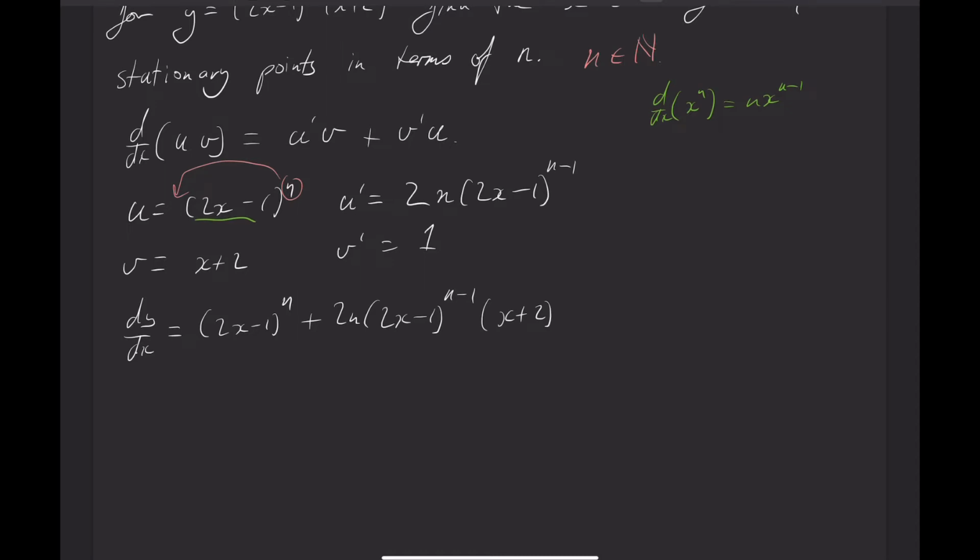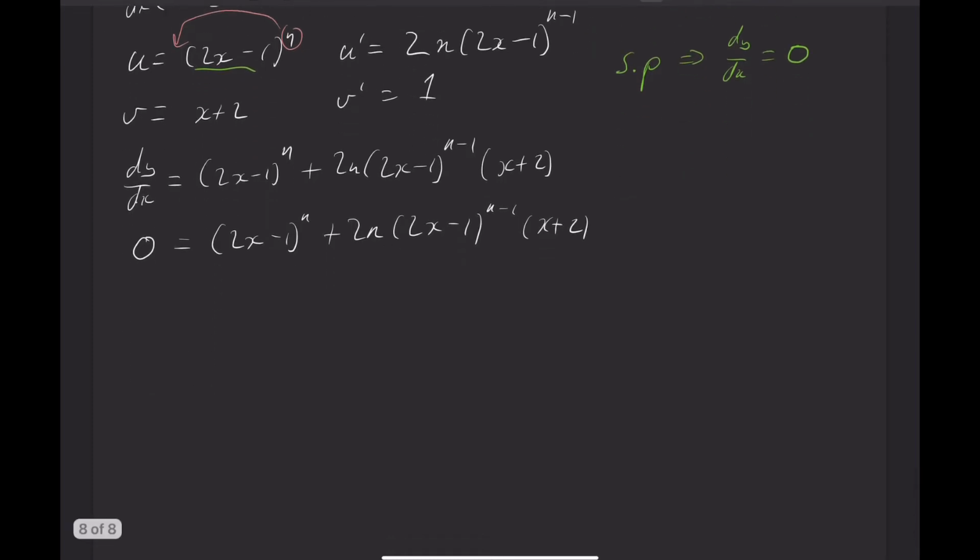Now we want the stationary points. What's the definition of a stationary point? A stationary point is such that dy/dx equals 0. So let's solve this for 0: 0 is equal to (2x minus 1) to the n plus 2n (2x minus 1) to the n minus 1, times (x plus 2). Do we see a common factor? Hopefully we do. We'll notice that here we've got (2x minus 1) to the n, and here we also have (2x minus 1) to the n.